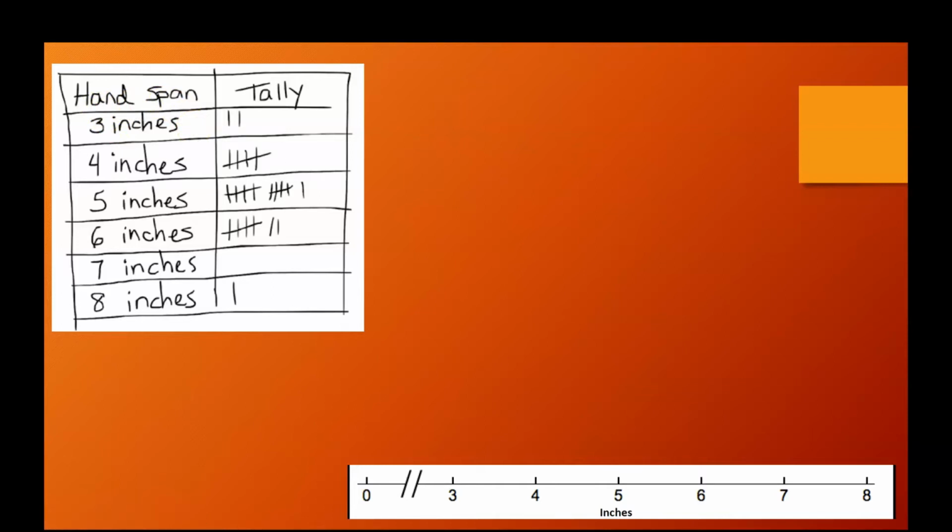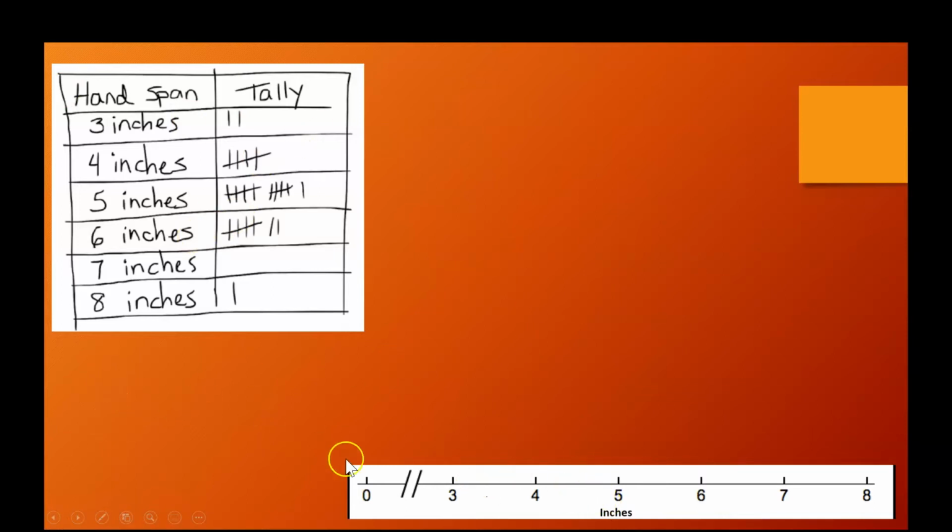This time we're going to take from the chart to a timeline. We're going to use X's to represent each tally mark. So we used a tally mark to count for each person who had that measurement of handspan. And now we're going to look at our chart here and move it over to our timeline.